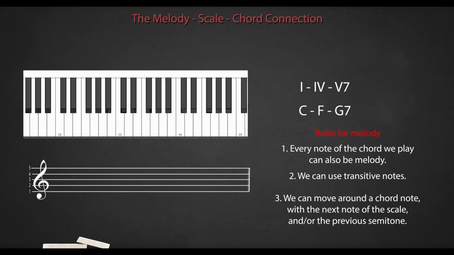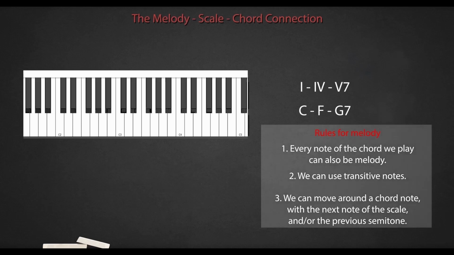So, if we take the E note, the move around will happen with F note, E, F, E, and the D sharp note, E, D sharp, E. These 3 melody rules are used to make the simplest melody, but also can take us much further to really complicated types of melodies.